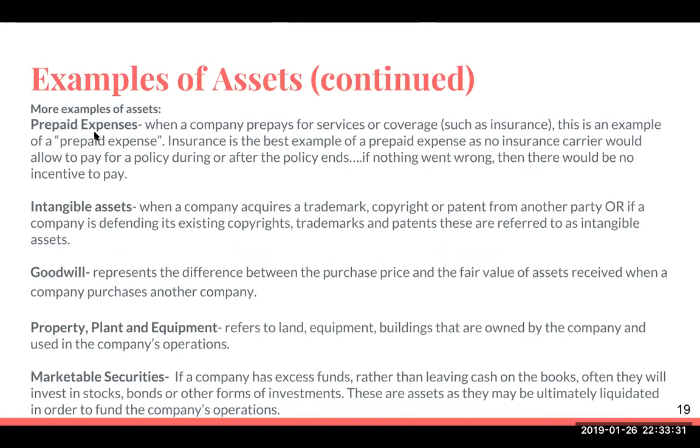Here are some more examples. Prepaid expenses. If I'm prepaying for service or for coverage, such as insurance, this is a prepaid expense. So if on December 31st, 2019, I am paying for an insurance policy that covers from January 1st, 2020 to December 31st, 2020, or a coverage in the future, this is what we call a prepaid expense.